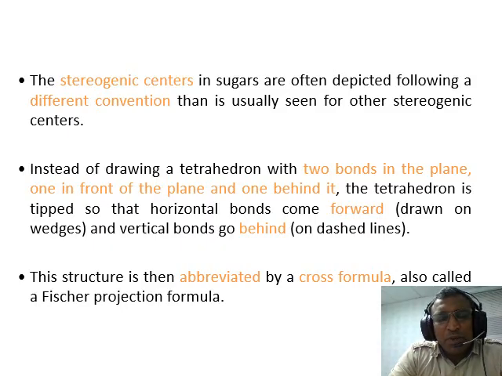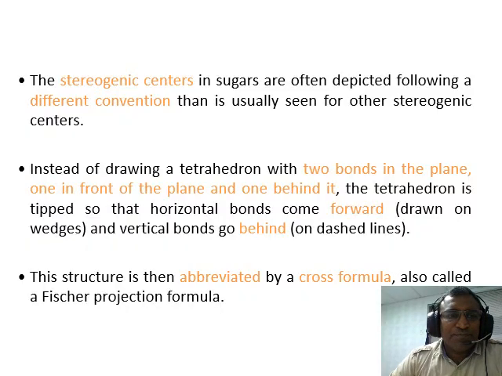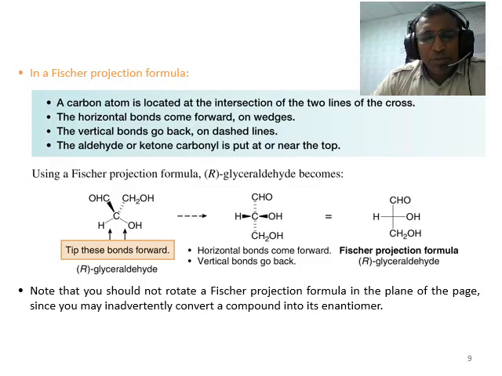But in terms of the middle paragraph, how to draw the wedge line as well as the straight line and also the dash line, we will see in the next slide. So here we learn about Fischer projection. Fischer projection can be as simple as shown here, where it is one-dimensional towards the plane of the slide.